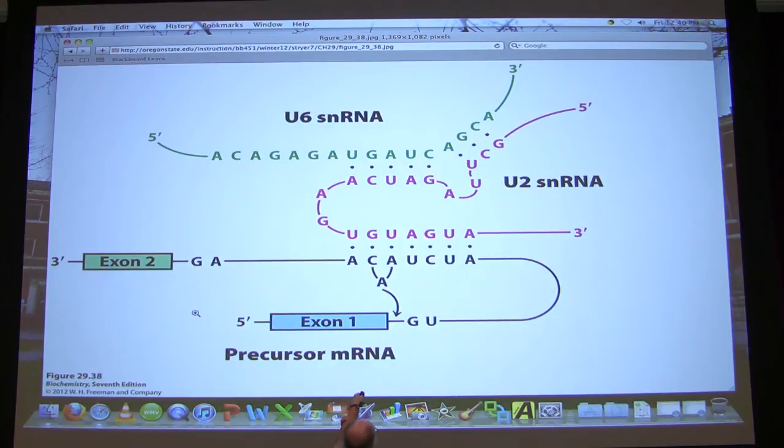And these RNAs, not surprisingly, are complementary to sequences inside of that intron. So the snRNAs are complementary to sequences inside the intron. They, combined with the snRNPs, give a geometrical arrangement of the exons so that they can come together and be joined together properly. They don't go flying off somewhere.